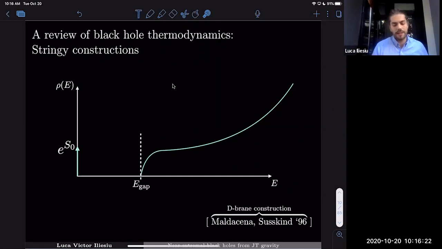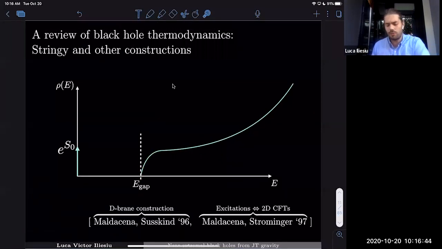So in other words, they propose that extremal black holes have some ground state degeneracy given by e to the S0. Then there's no near-extremal black holes in this energy sector. And then the near-extremal spectrum starts at some point.